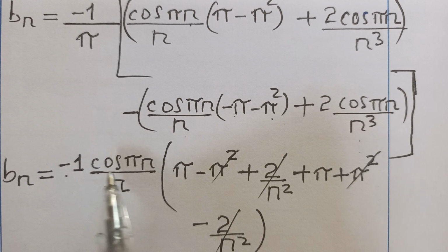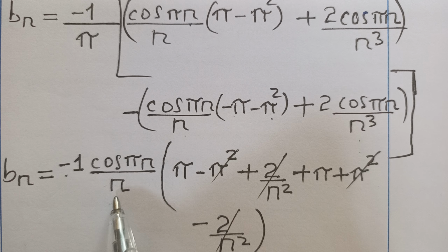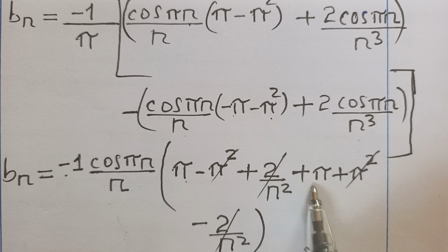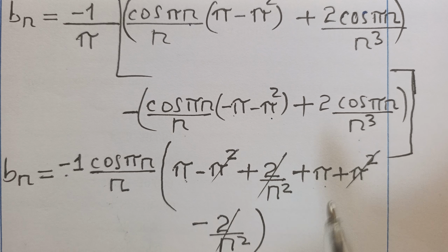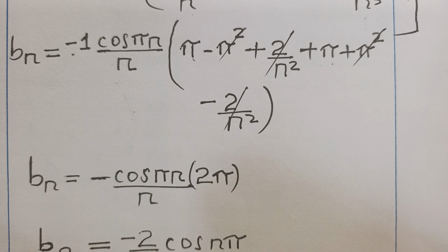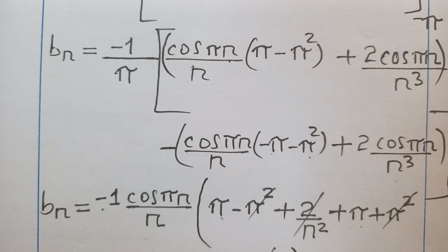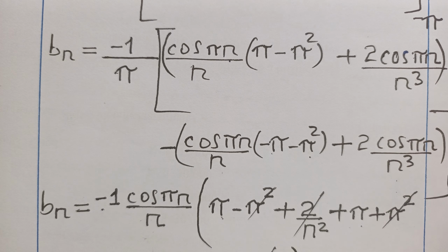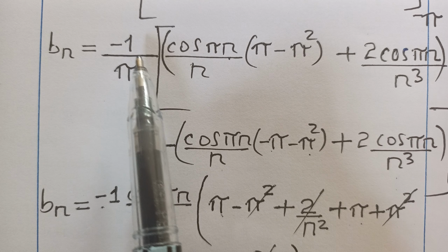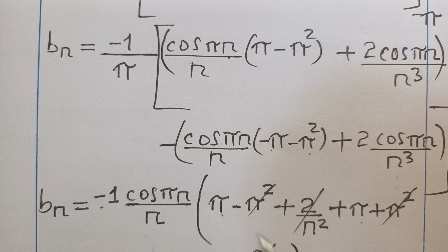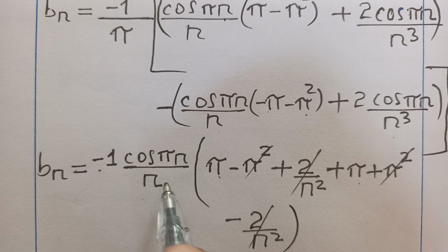And after factoring out cos pi n all over n, and here negative 1, this is what we are left with. And this now comes to 2 pi, and the 2 pi is right here. And after we do some cancellation here, before we come to cancelling, we have left out the pi right here as a denominator. And so this pi will also be at this point.